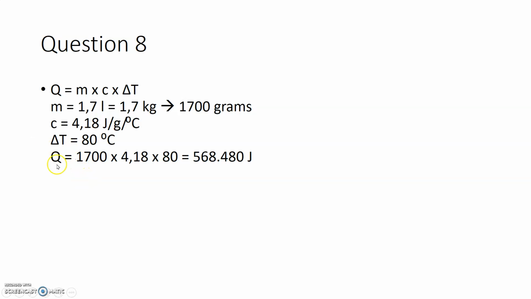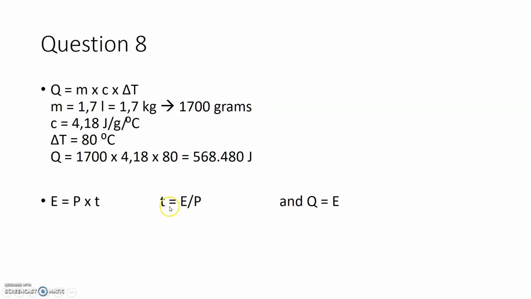In this case, you know Q, the amount of heat supplied, it's 586,480 joules. You can calculate the amount of energy supplied, and that's the power times t, only you want to calculate t, the time it takes. In this case, the time is the energy divided by the power.